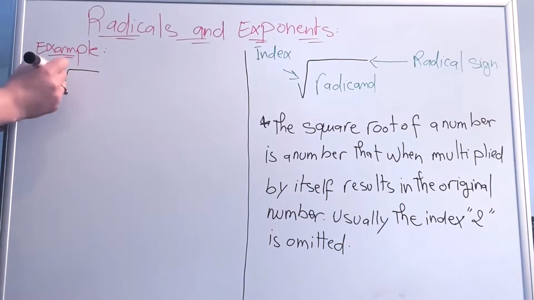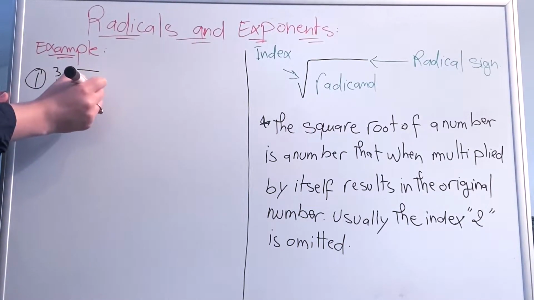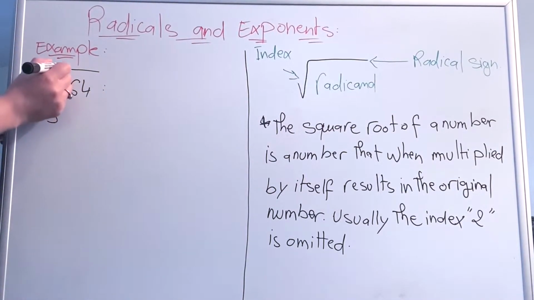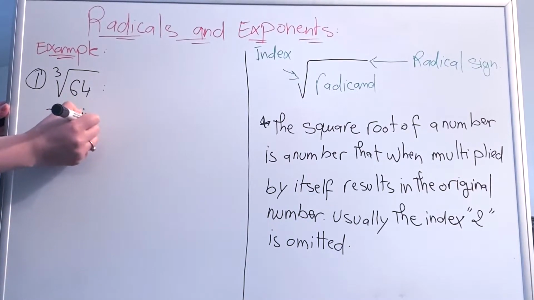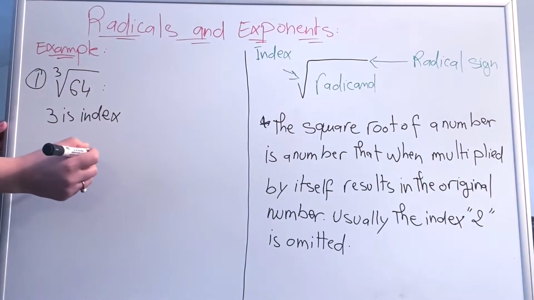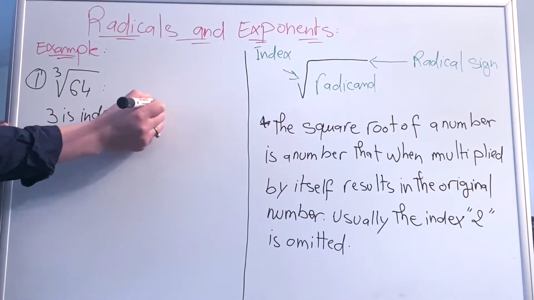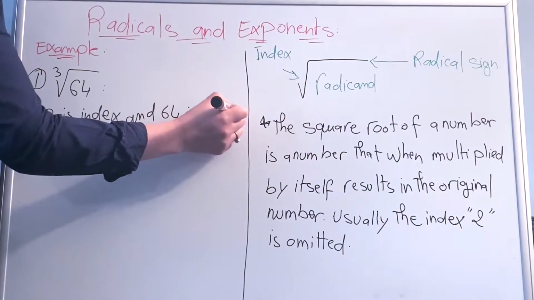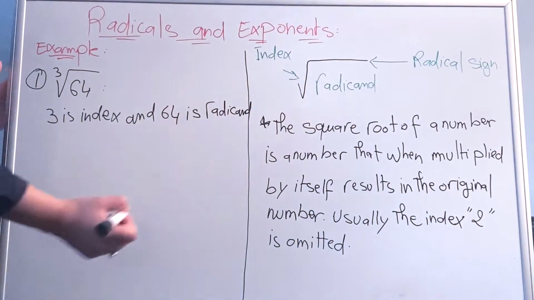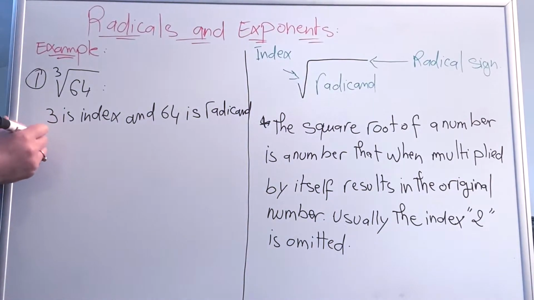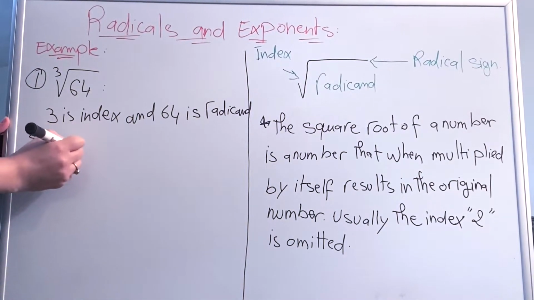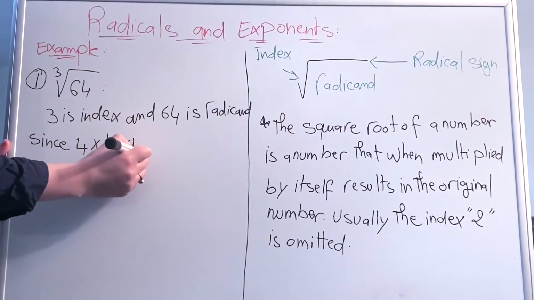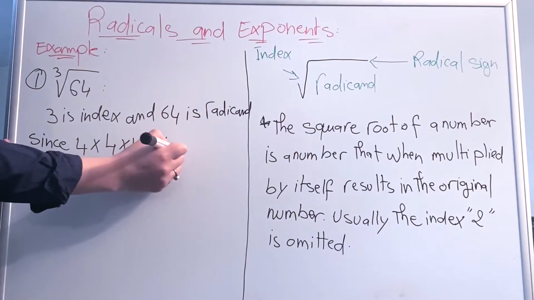Cube root of 64. 3 is the index and 64 is the radicand, since 4 multiplied by 4 multiplied by 4 equals 64.